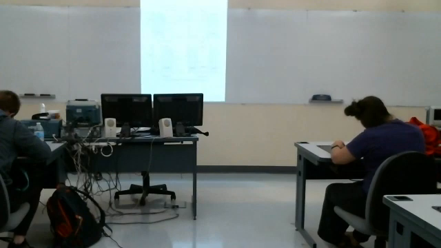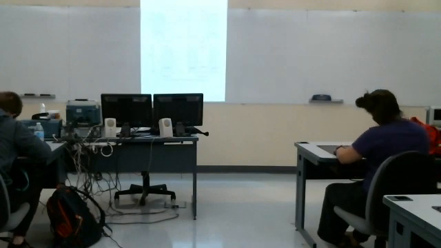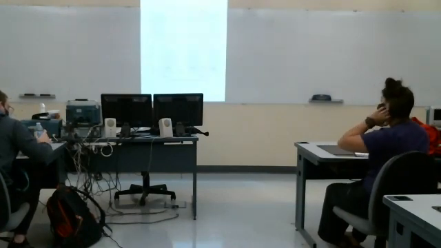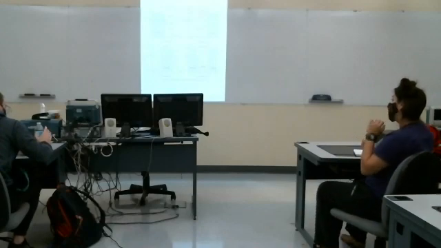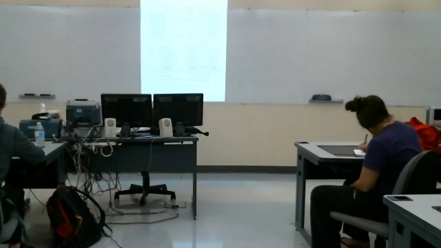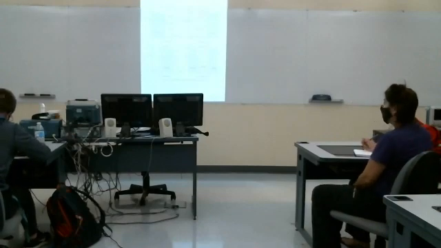We'll define M of omega to be the absolute value of our frequency response. That's not necessarily common in a lot of textbooks. You'll just see it labeled as the absolute value of the frequency response. So this is the magnitude response. And then here he defines phi of omega to be the phase response, the angle of a frequency response.